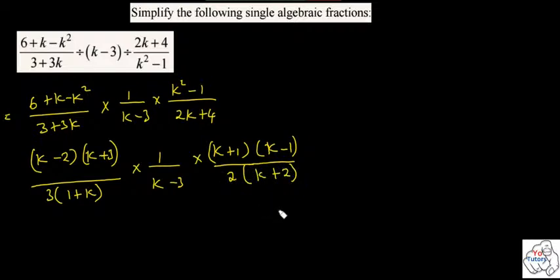Now we can check for common factors. What is common here? We have k plus 1. 1 plus k and k plus 1 is the same thing, guys, don't stress. Then here k minus 2, k plus 3. Then what else are we seeing there?